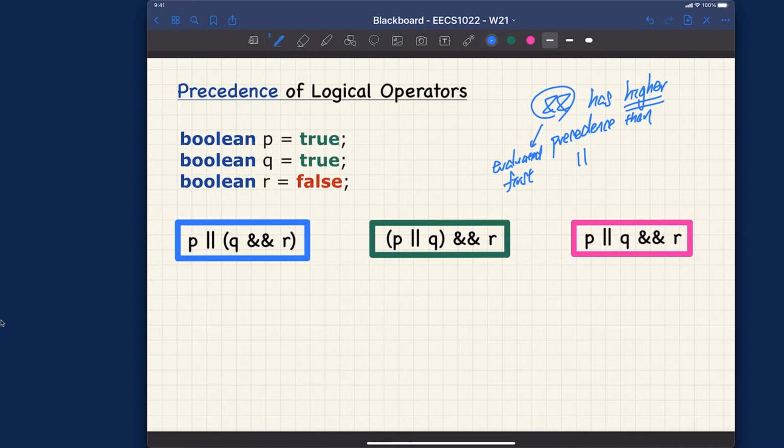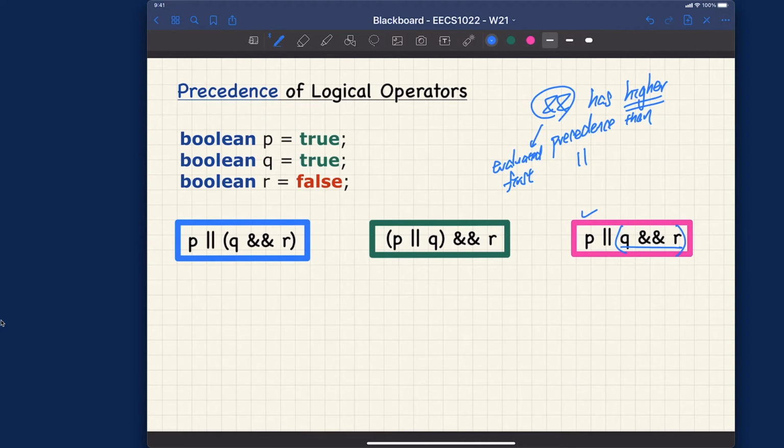So that means if I have this without the parentheses, it will be as if there are some parentheses over here. If you forget about the precedence, you have to be very careful because it may not be exactly what you meant.